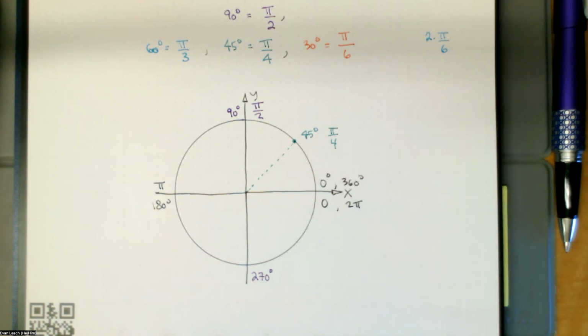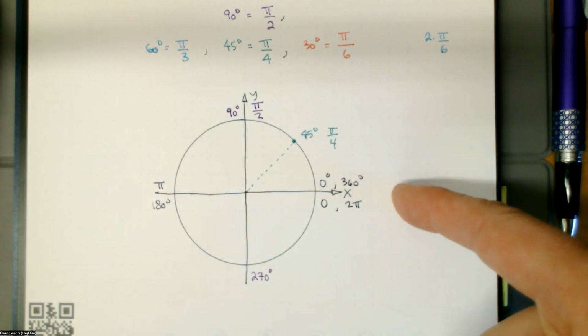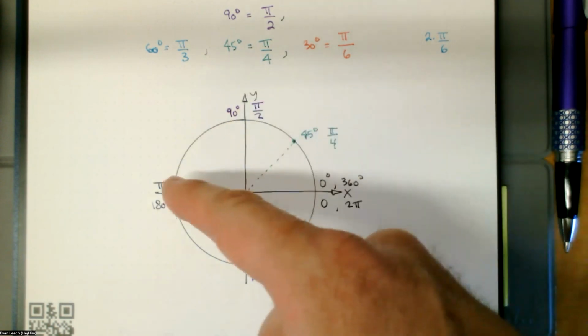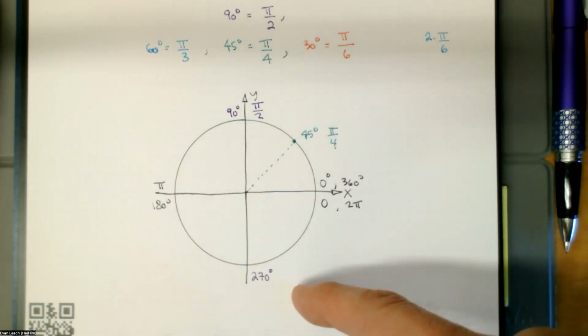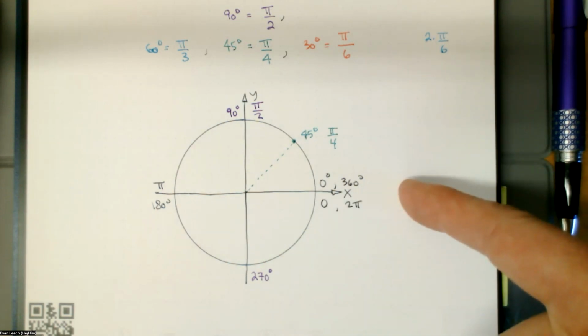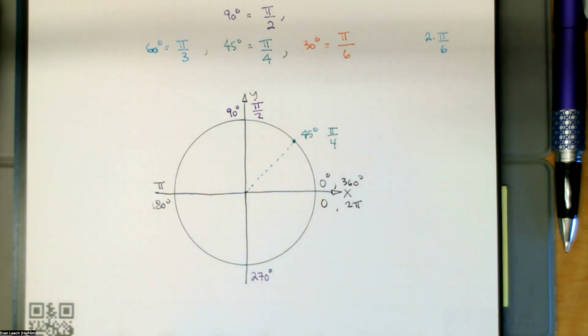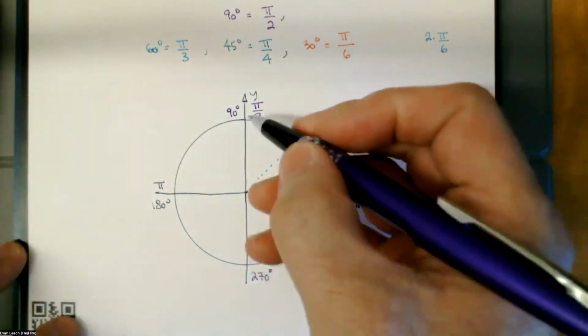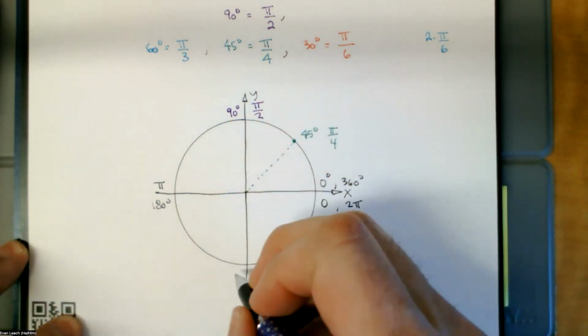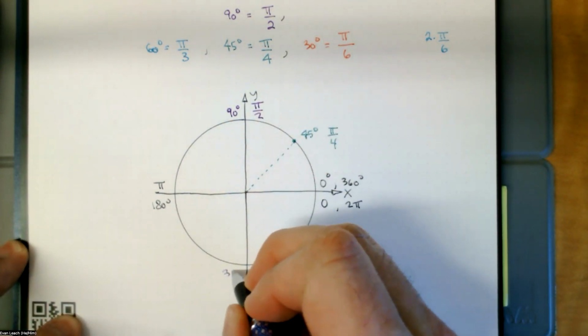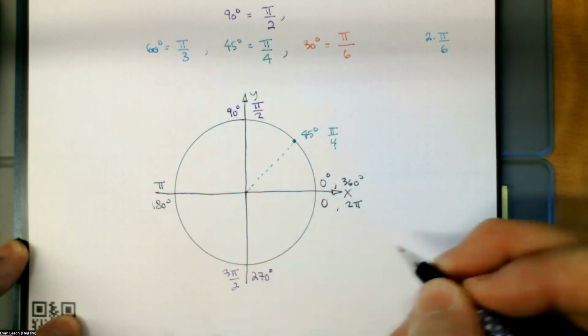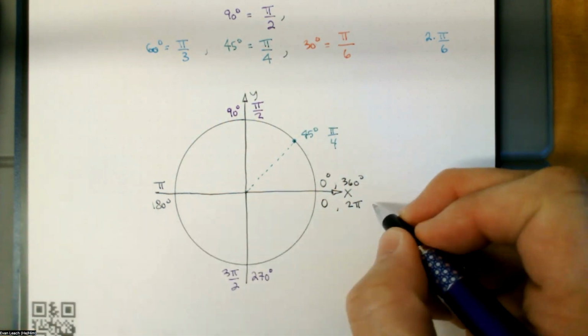Now we're going to count in pi over 2. 0 pi over 2, 1 pi over 2, 2 pi over 2, 3 pi over 2, 4 pi over 2.